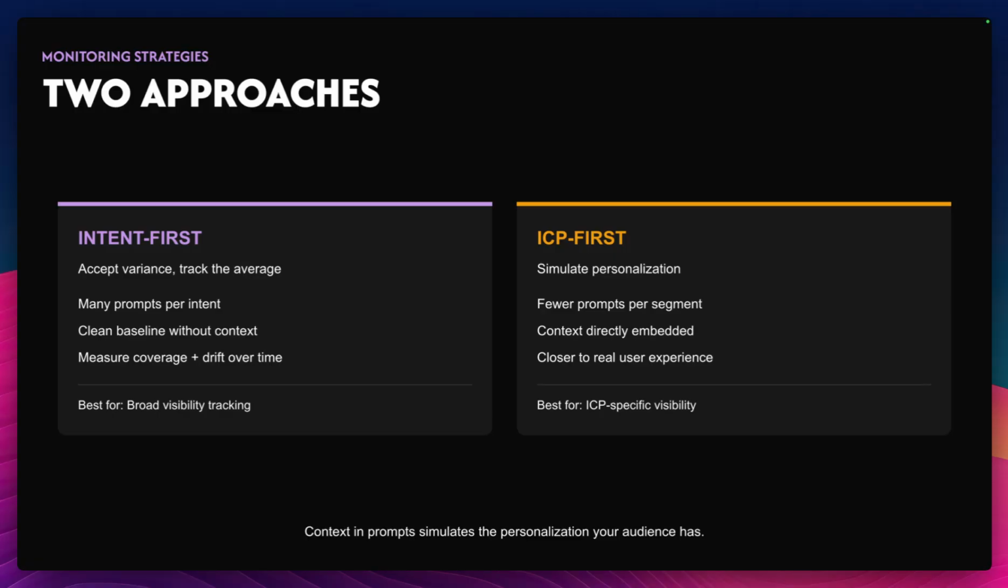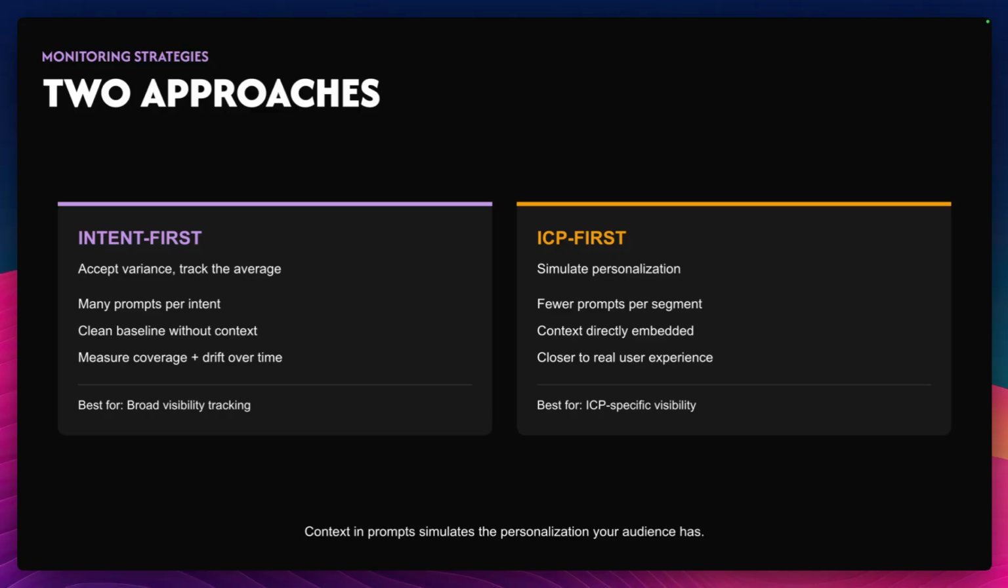Intent first means that you have the different intents that users want to fulfill on your website, and you need a much bigger variance per intent compared to the ICP first approach, because you need to track more or less every direction that the intents can go. With that, you can measure the coverage of your brand and also the drift over time.